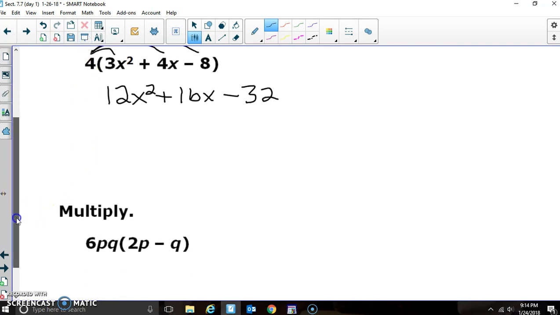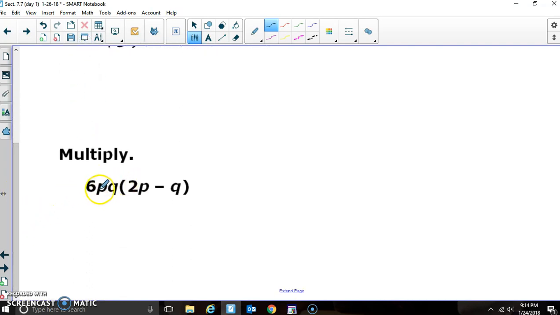Okay, now this one has variables with the monomial. There's two terms in parentheses, so it's a monomial times a binomial. Take 6pq times 2p. Then take 6pq times negative q. Well, 6pq times 2p is 12p squared q.